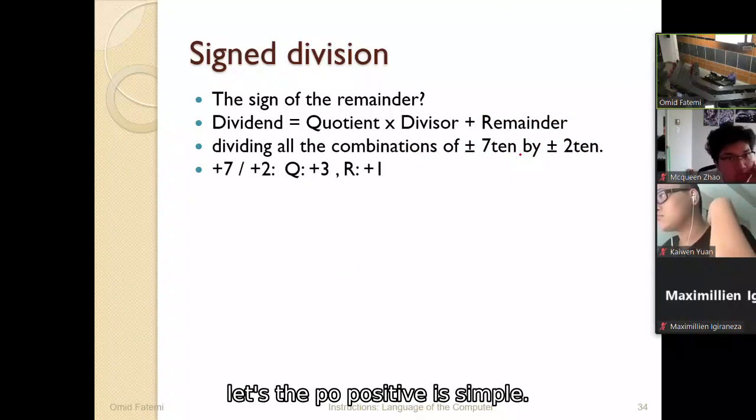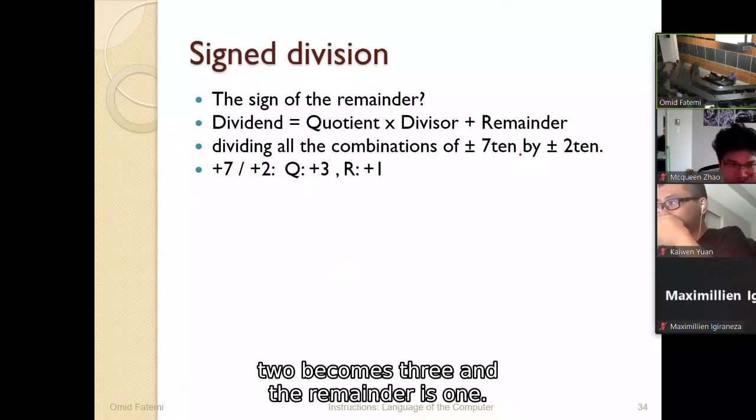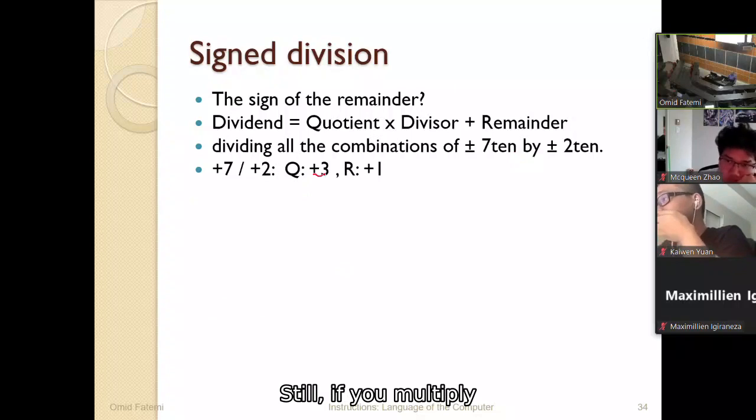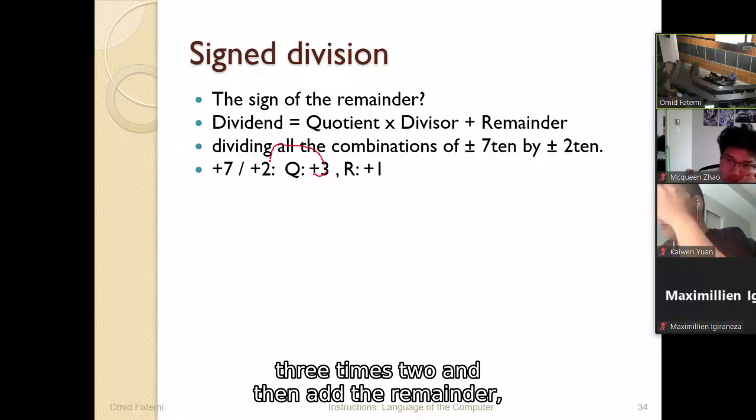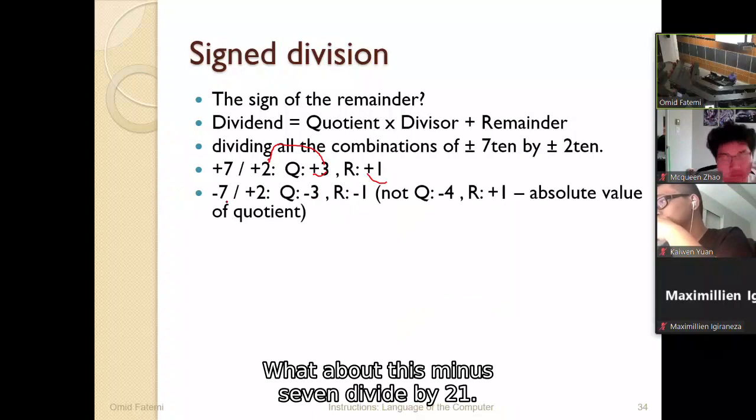The first, positive by positive, is simple. We know that 7 divided by 2 becomes 3, and the remainder is 1. If you multiply 3 times 2 and then add the remainder, you get the dividend.